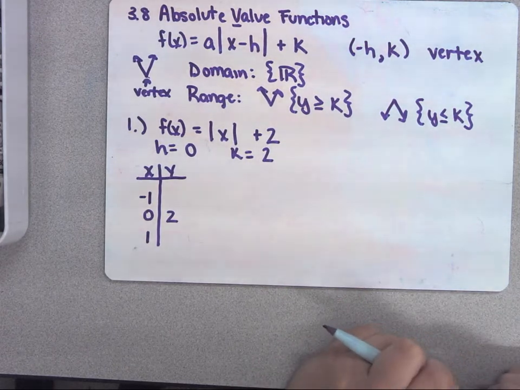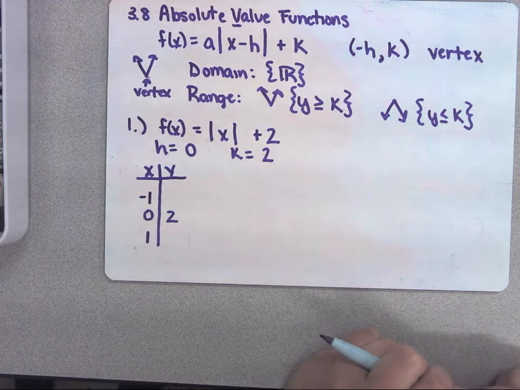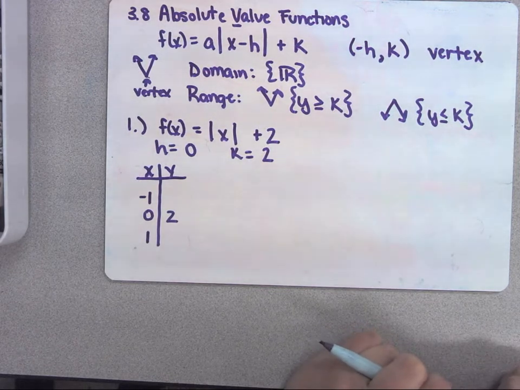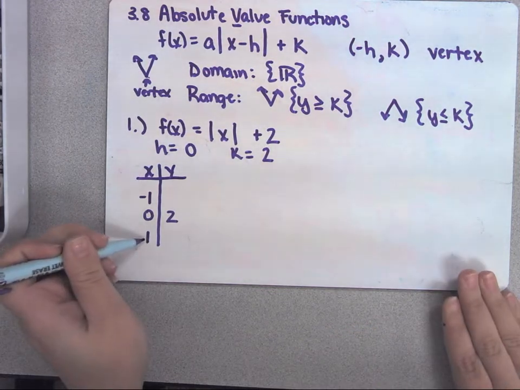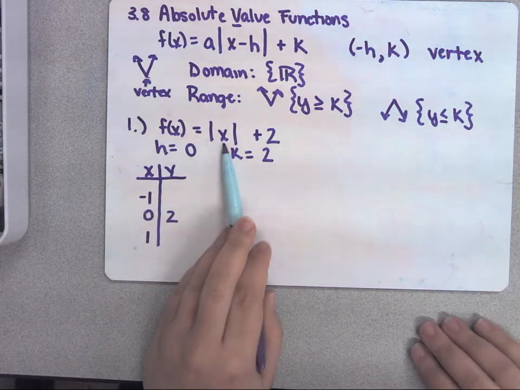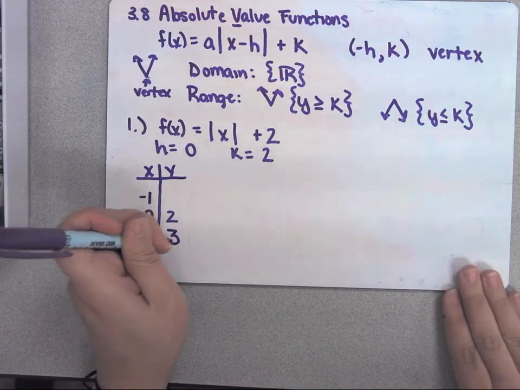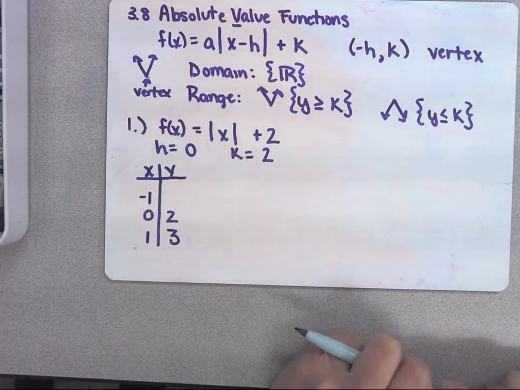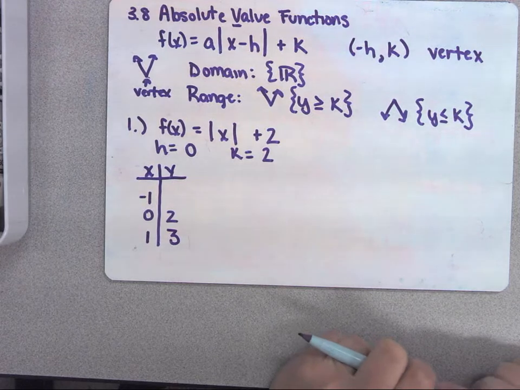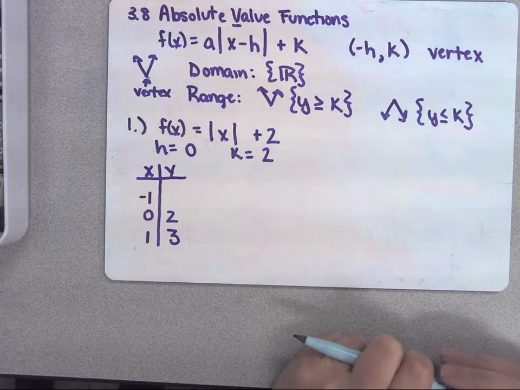Which one do you think is easier to plug in, a positive number or a negative number? A positive number, right? Because with absolute values, we like positive. Take 1. Plug it in there. What's the absolute value of 1? 1 plus 2. My answer is 3. Plug in -1 plus 2.